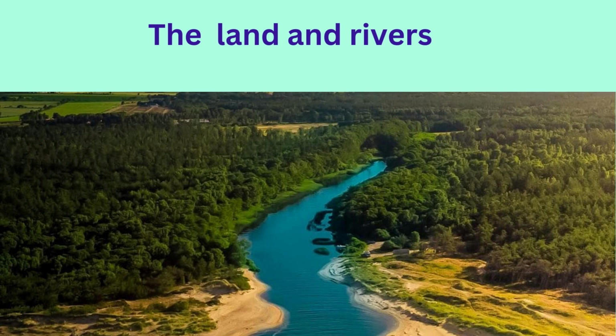The land also interacts with certain features, and one feature it interacts with are the rivers. As rivers flow from highland areas towards the sea, they will erode materials from the land and transport it towards the sea.